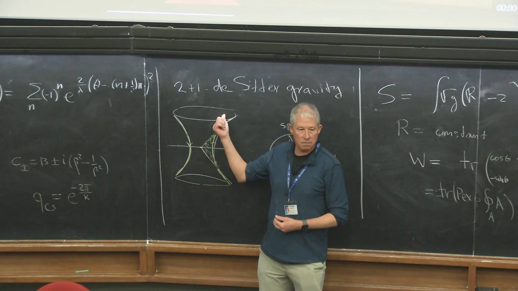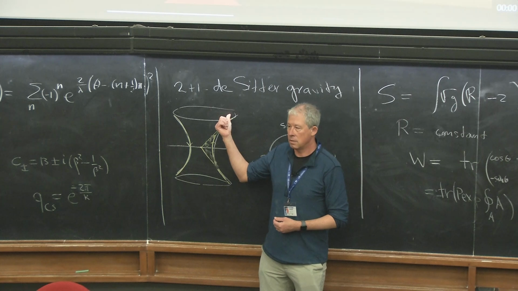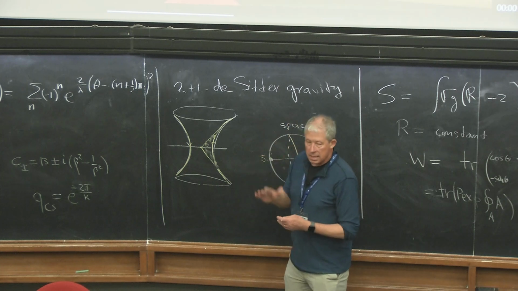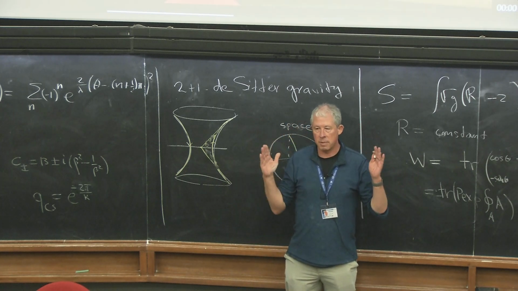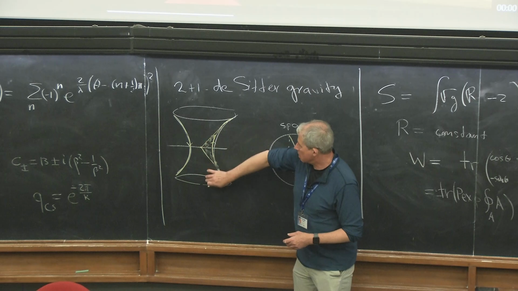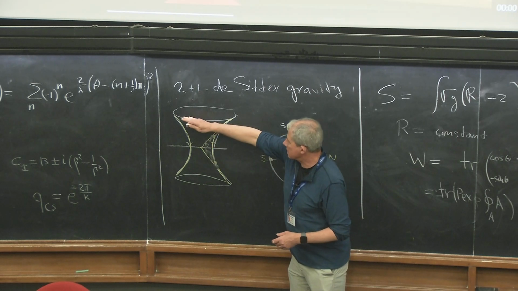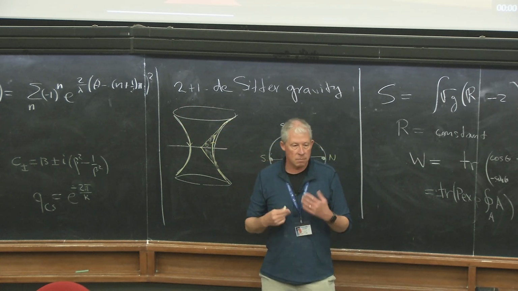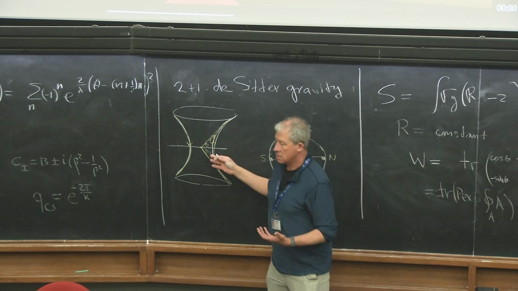So my complex Liouville theory lives on the future and the past. But unlike in AdS/CFT, where I can fix the boundary condition, in dS/CFT the CFT that lives over here does not give me the partition function of this theory.